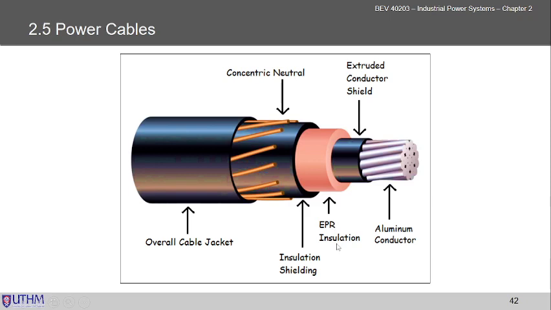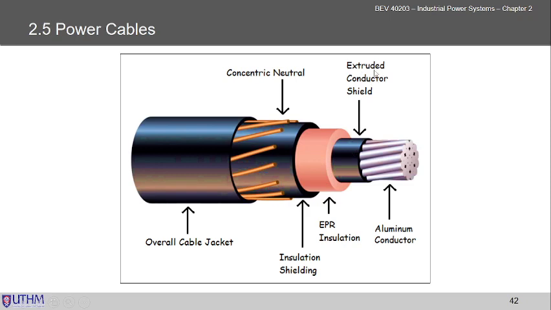Okay, then this is the insulation. You have various types. The basic one is the paper type. We use paper as the insulator. This is the EPR, and sometimes we use XLPE, for example, which is a higher grade of insulation as compared to paper.